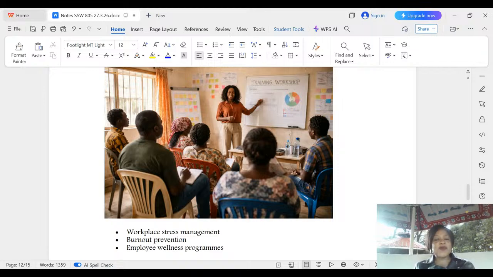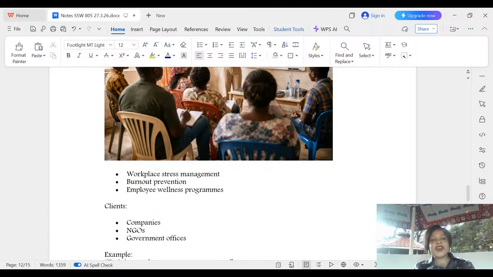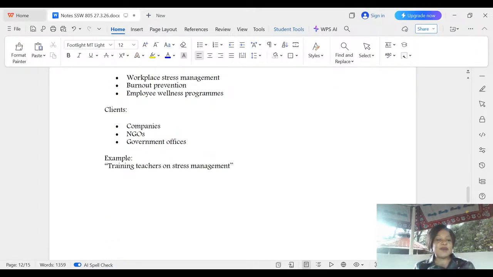You can provide various interventions under employee wellness programs, okay? And your clients will be various institutions or organizations, NGOs, international organizations, local organizations, county governments, national governments, all right. For example, training teachers on stress management, especially those who are dealing with young children.